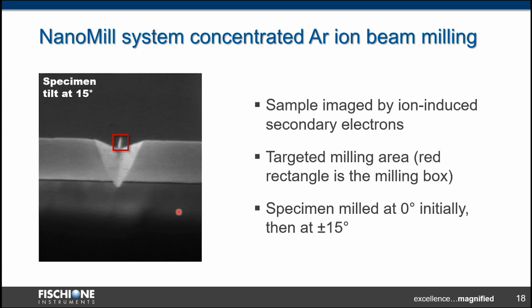You can see here APT needles, which can be very easily targeted using a milling box in red, and the beam will scan the sample only within that box that you define over your sample. You can do that at different magnifications and different milling angles. The milling angles can vary from 0 to plus or minus 15 degrees.